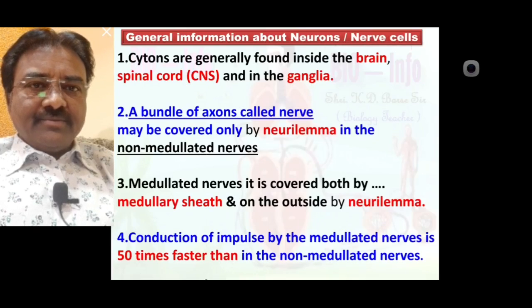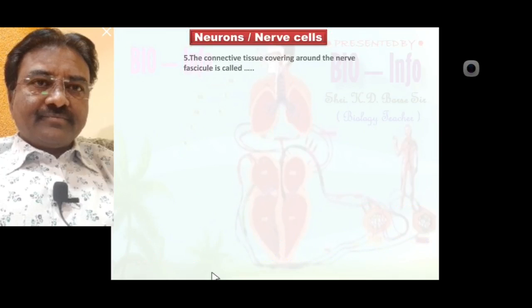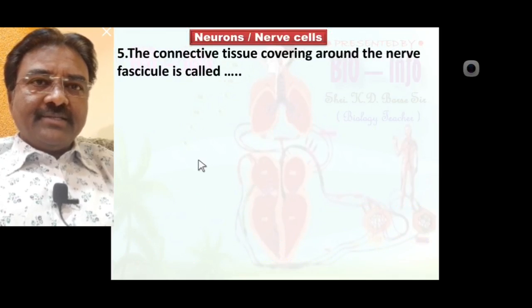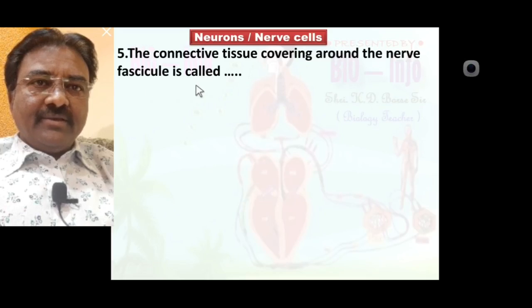Up to this we discussed in detail four different general characteristics. Now we learn fifth point, the connective tissue covering around the nerve fascicule.